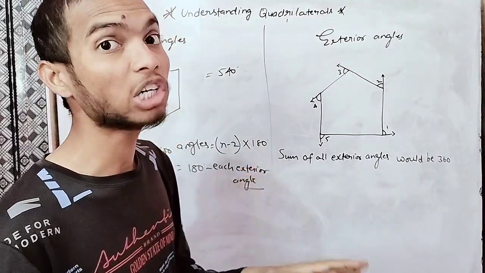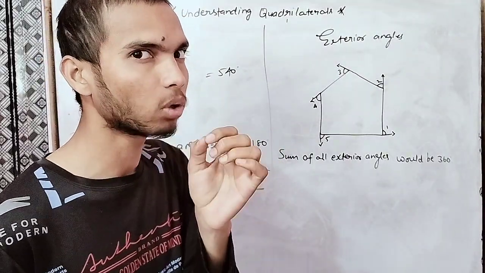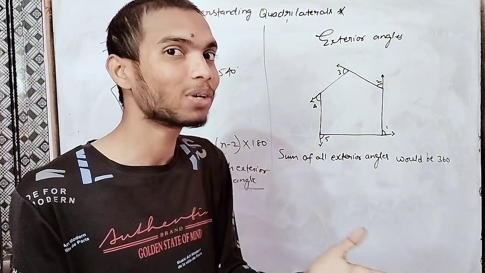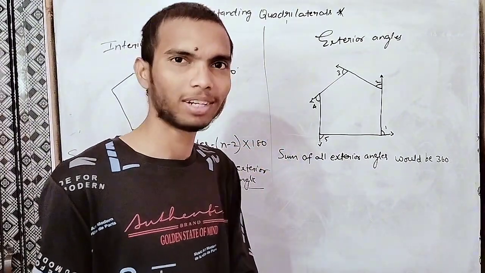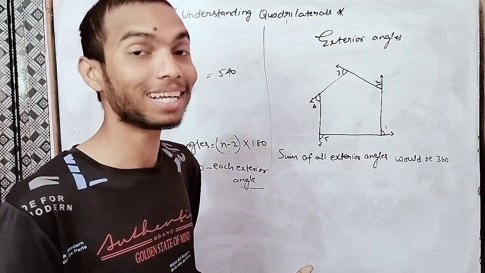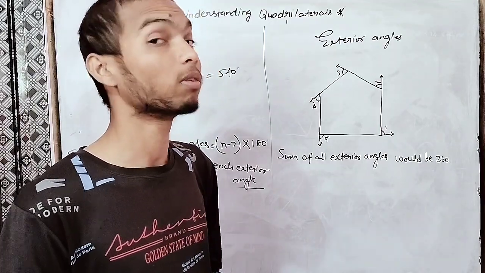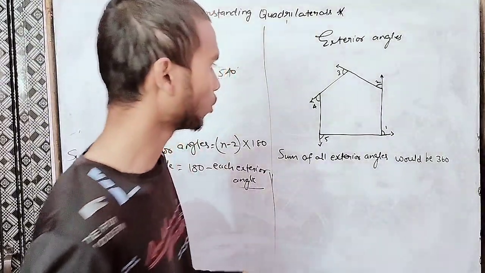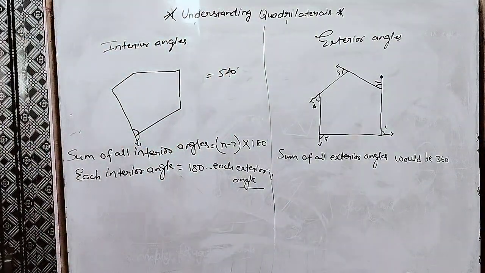Now to find one exterior angle, what is the formula? What is the formula to find each exterior angle? Just we will divide.